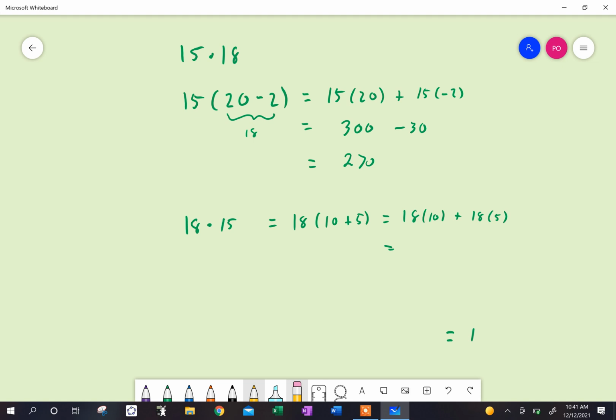If 18 times 10 is 180, 18 times 5 has to be half of that, so that's going to be 90, which is, once again, 270. So the distributive property is actually really useful when you're multiplying numbers.